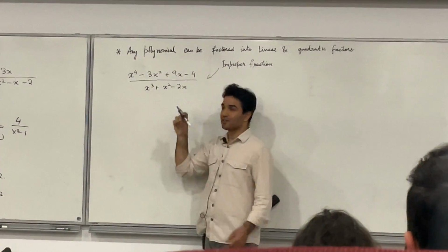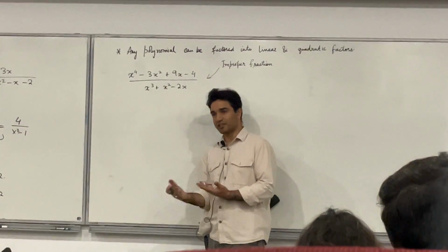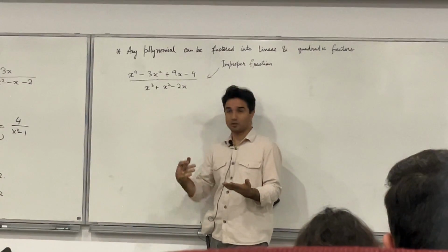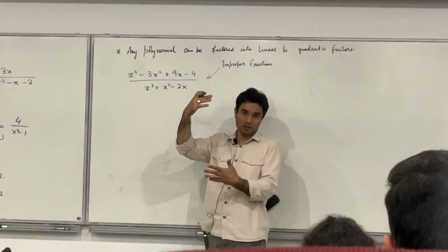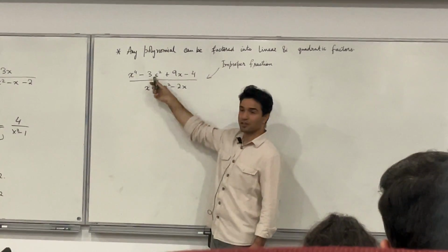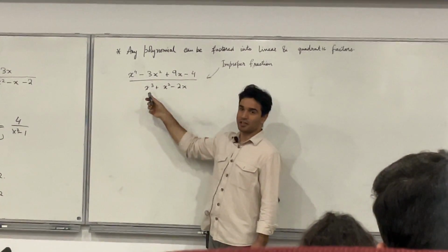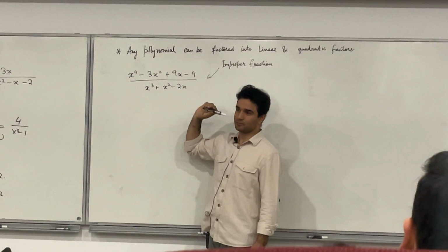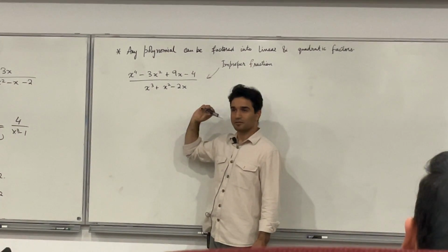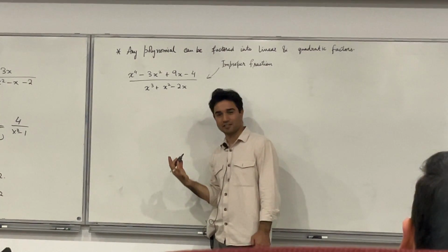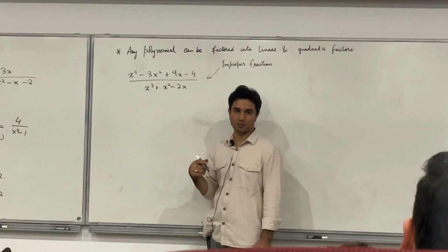The numerator is a higher degree polynomial than the denominator. You're an improper fraction if your numerator is the same degree as the denominator or higher. So if they were both cubic, it would still be improper. If this was quadratic and this is cubic, that's proper. A fraction is proper if the numerator is smaller, strictly, in degree than the denominator.